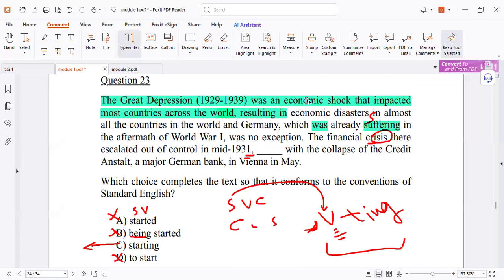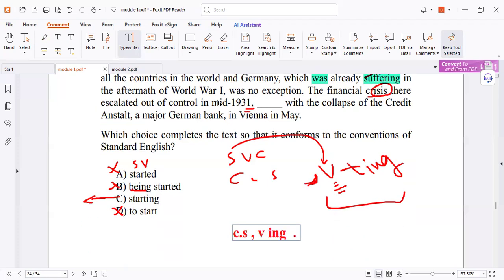It's not economic shock, not depression. The whole situation. The Great Depression was an economic shock and its impact. So the impact of the depression leads to economic disaster, not the subject, not anything else, the whole situation. But we need a comma.